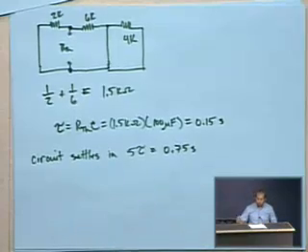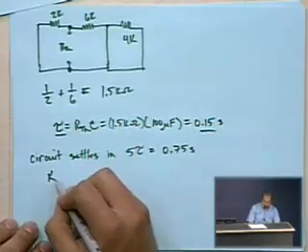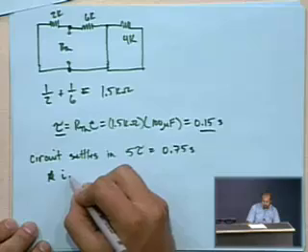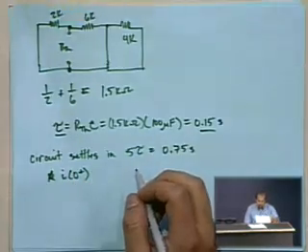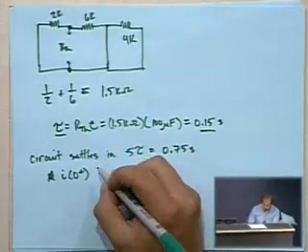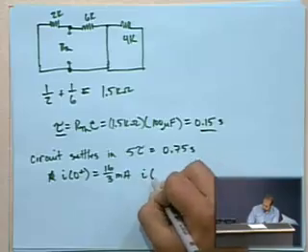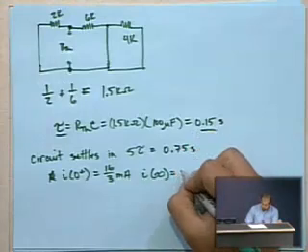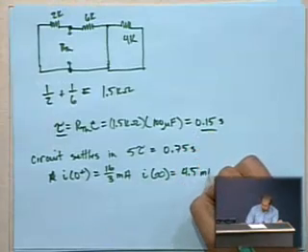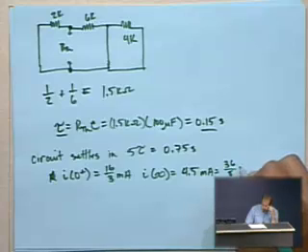So we have tau, we have K1, and we have I of 0 plus, which is 16/3 of a milliamp. We have I of infinity, which is 4.5 milliamps, or 36/8, I guess 9/2, but whatever.